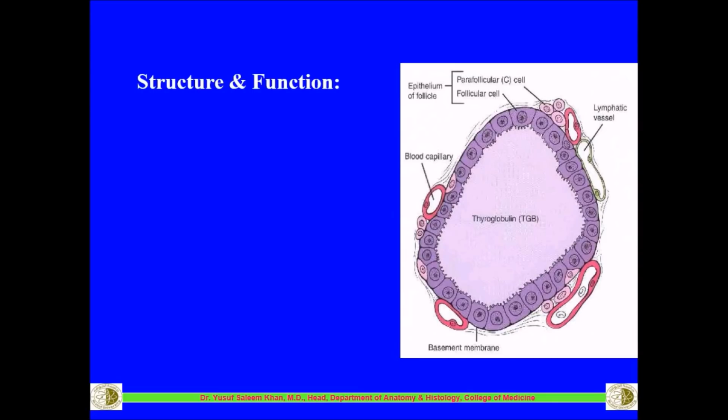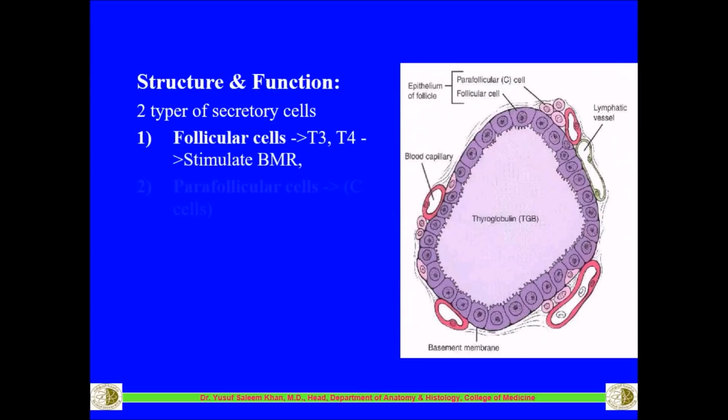Now coming to the structure and function of this gland, that is the thyroid gland. In case of structure, this gland is made up of two types of cells. One is the follicular cells, and the second is the parafollicular cells. In this picture, this is the follicle, and the follicle is lined by cuboidal cells.